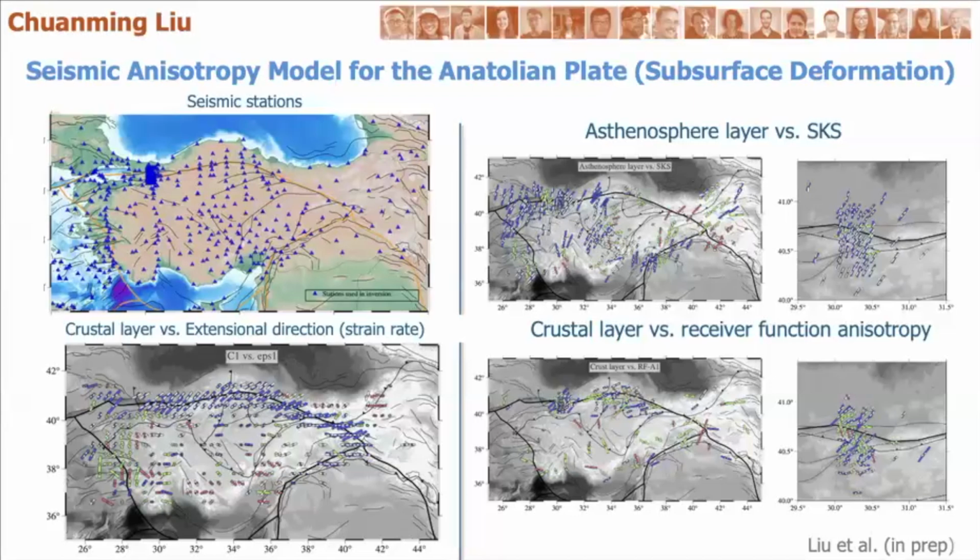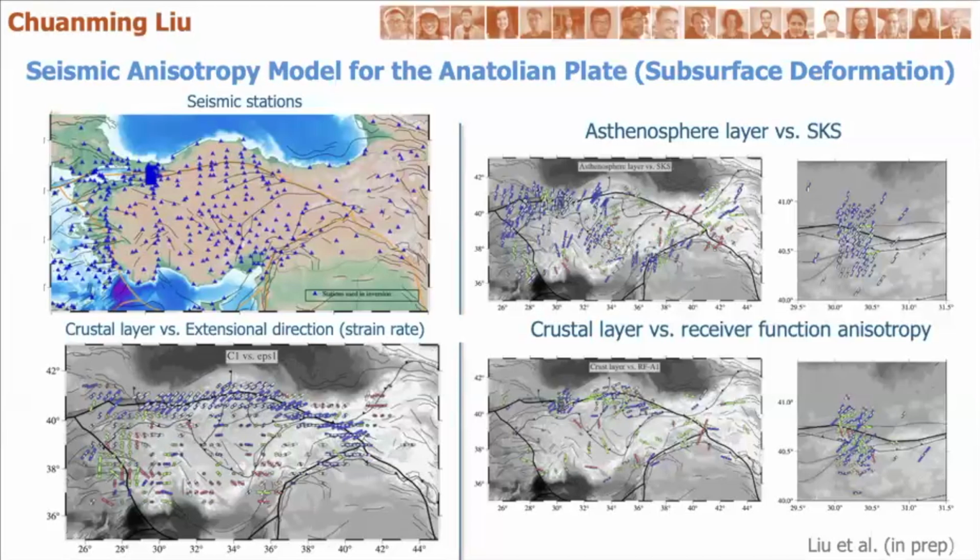And you can see these small dense measurements are from the North Anatolian fault over here, and we can see they are consistent with each other in most of the study region. Also in the crust layer, the receiver function can bring us the information about the fast rotations of the tectonic fabrics, but the resolution for the receiver function is very limited.